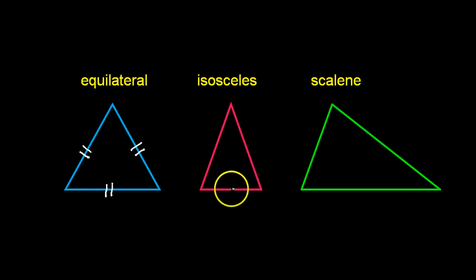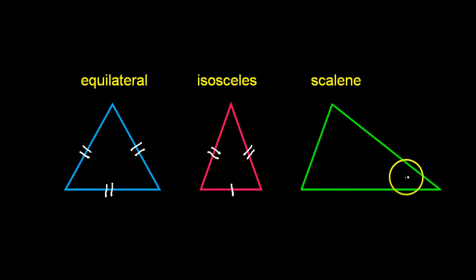So if I wanted to show that this is isosceles with markings, I could show it by marking these two sides the same, okay, both with a double mark, for example, and I'd mark this one with something different. Okay, so you could tell it's isosceles without actually using numbers.